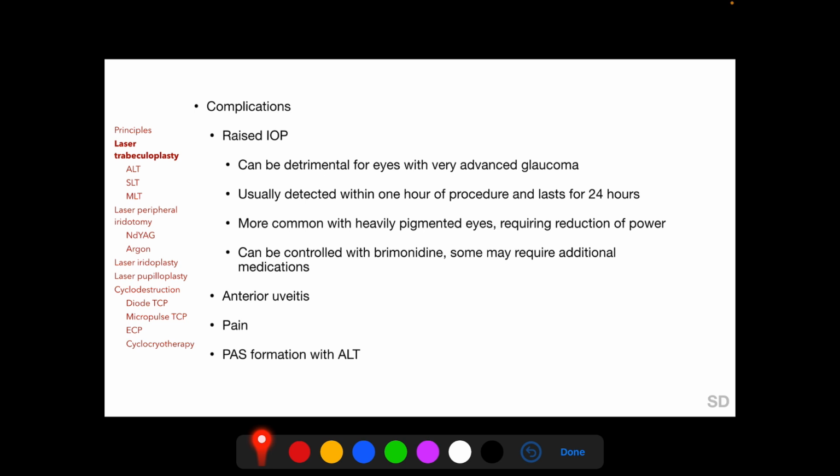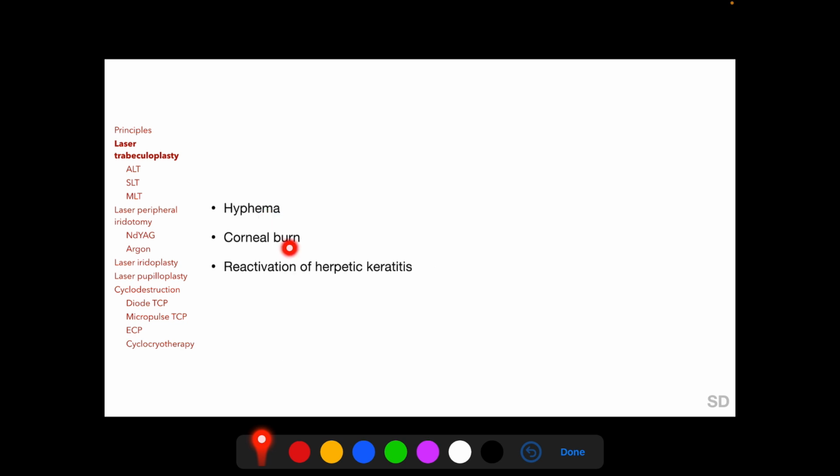It is more common with heavily pigmented eyes, and in these eyes, power of the applied laser beam should be reduced, and the raised intraocular pressure in most cases can be controlled with brimonidine, but some patients may require additional medications. Other complications of laser trabeculoplasty include anterior uveitis, pain, peripheral anterior synechia formation with Argon laser trabeculoplasty, hyphema, corneal burns, and reactivation of herpetic keratitis.